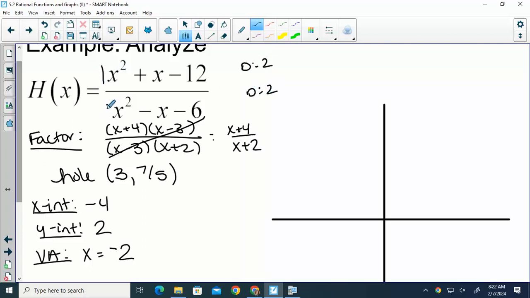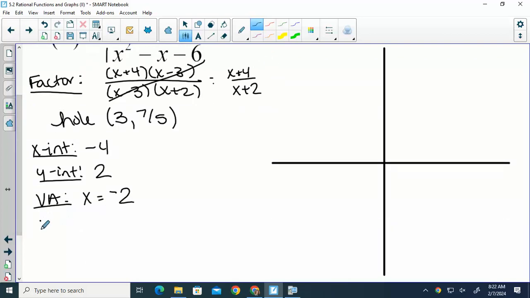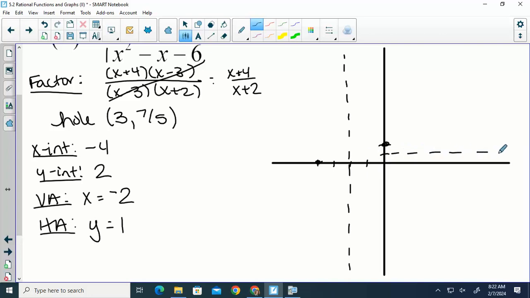So 1x squared over 1x squared, so 1 over 1 is 1. So we get the x-axis -4, y-axis +2, vertical at -2, horizontal at 1.